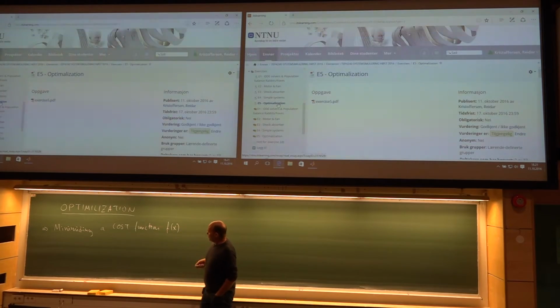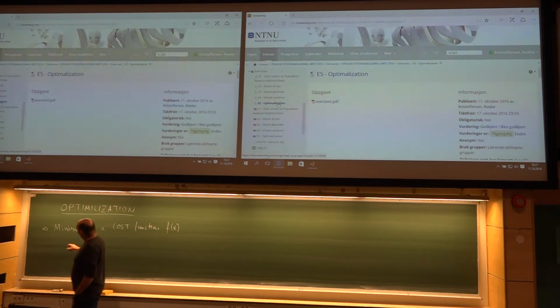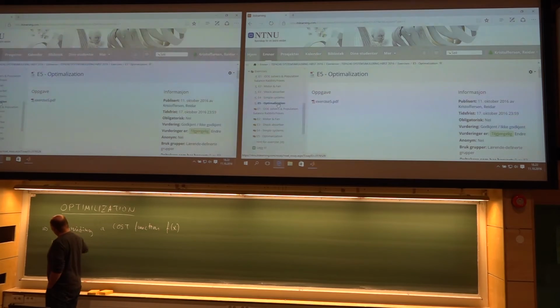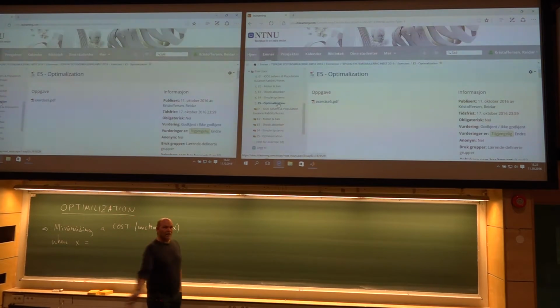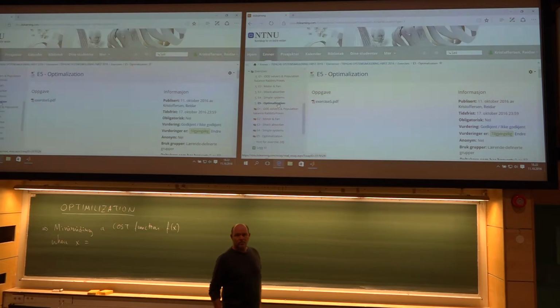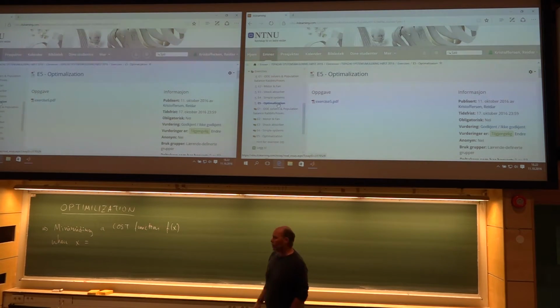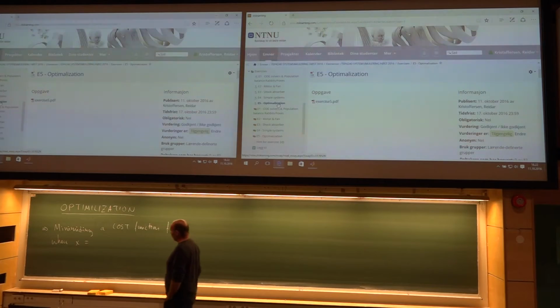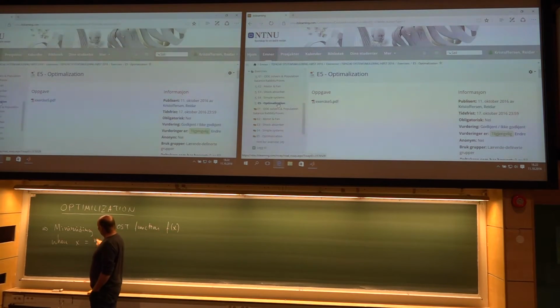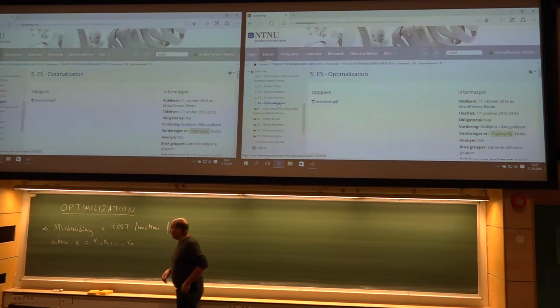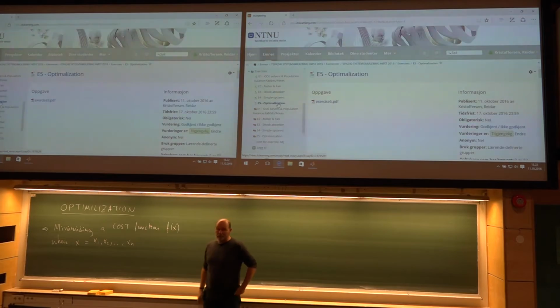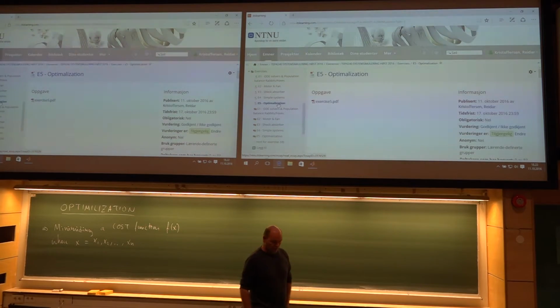This x here, in general, x can be as many variables as you want. It doesn't have to be just one. You have x1, x2, and so on up to xn. So it can be many. You're talking multivariable functions here.